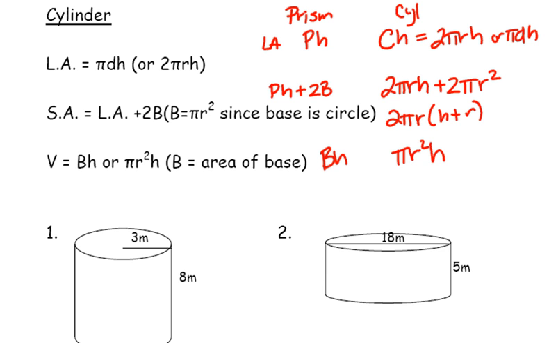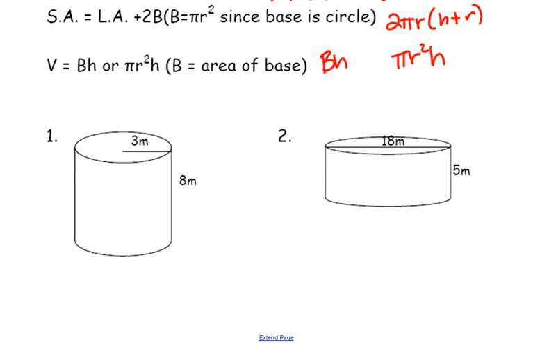All right, let's do some practice problems. So in these problems here, if we want to find our lateral area, our surface area, and our volume, then we need to write down our formulas, just like we did with our prisms. So this is 2 pi rh.